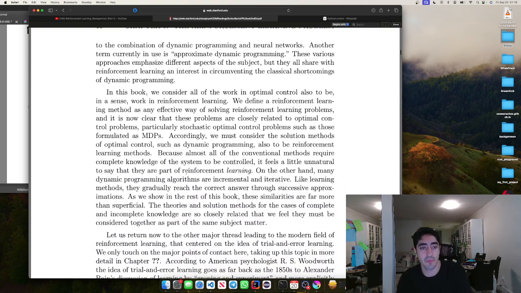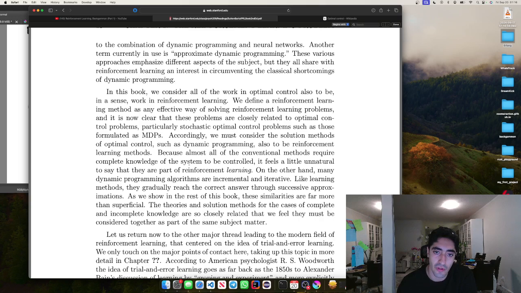In this book, we consider all of the work in optimal control also to be, in a sense, work in reinforcement learning. We define a reinforcement learning method as any effective way of solving reinforcement learning problems, and it is now clear that these problems are closely related to optimal control problems, particularly stochastic optimal control problems, such as those formulated as Markov decision processes.